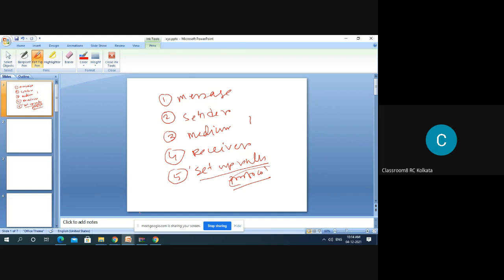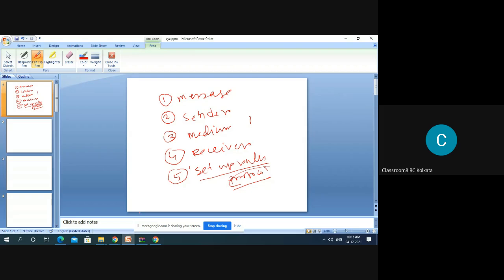A typical example of a data communication system is sending an email. The user which sends the email acts as the sender. Suppose you want to email someone. So you are here the sender. The message is the data which the user wants to send.